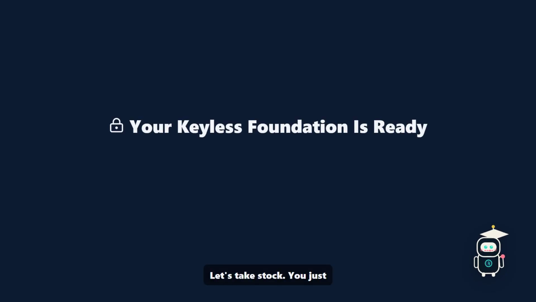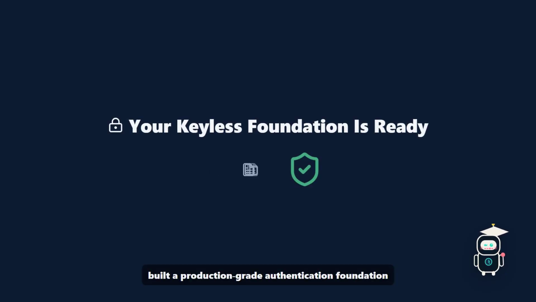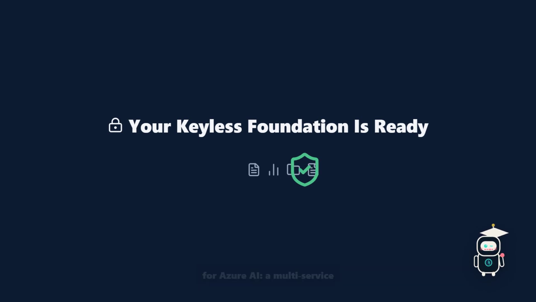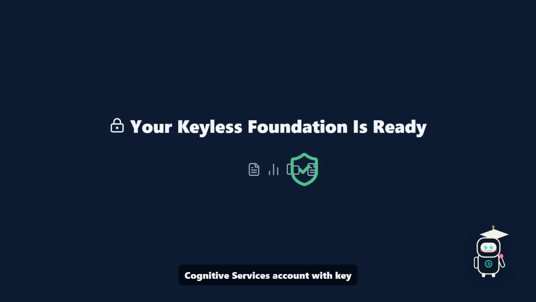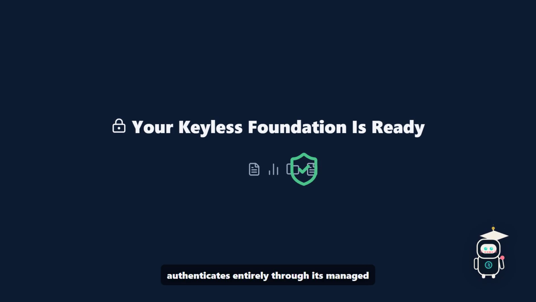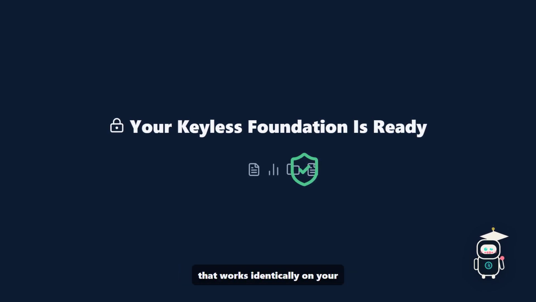Let's take stock. You just built a production-grade authentication foundation for Azure AI: a multi-service cognitive services account with key authentication disabled, a container that authenticates entirely through its managed identity, Python and function code that works identically on your laptop and in the cloud without a single if-else, and a network boundary that keeps the endpoint invisible to the internet.